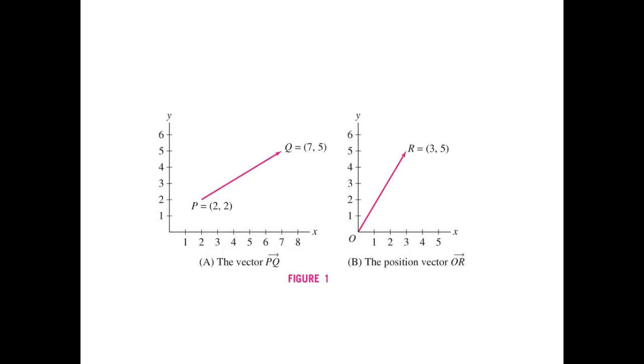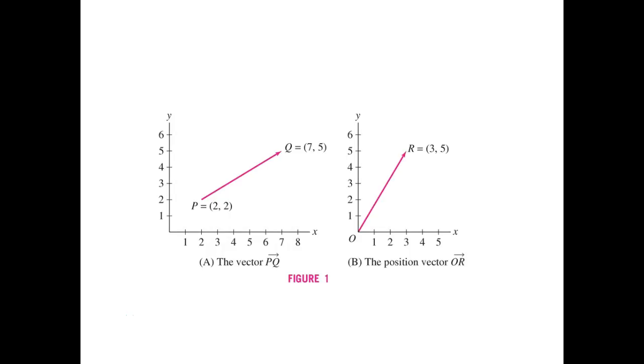Okay. All right. A vector basically is a directed line segment. That's one definition for it. What do we mean by directed line segment? All three of those are important. It starts at a point and goes in a direction or to another point.